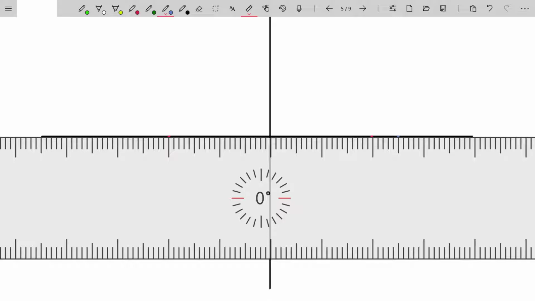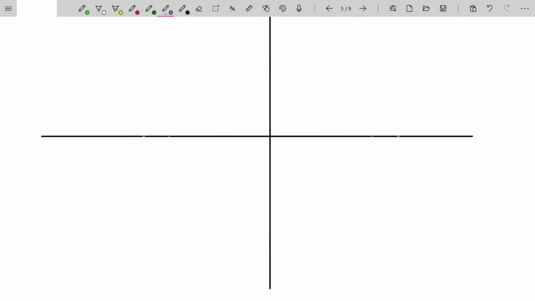I'll label those points just so that you can actually see them. So that's (-5, 0) right there, and this will be (5, 0) right there. And again, the foci are at (-4, 0) and (4, 0).